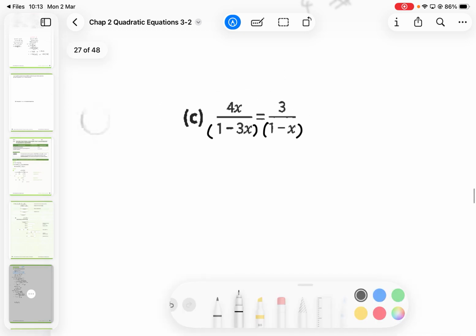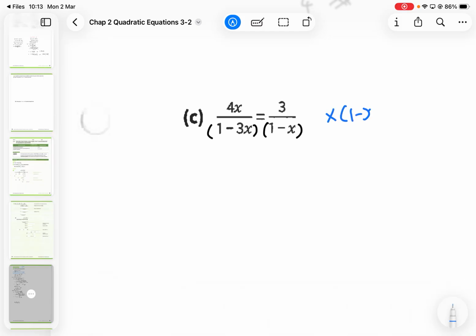Okay? And then the result will be this bracket that I multiply here cancels out this bracket. And this bracket that I multiply here cancels out this bracket. But on the right, I still have 3 multiplying by the other bracket. On the left, I still have 4x multiplying by the other bracket.